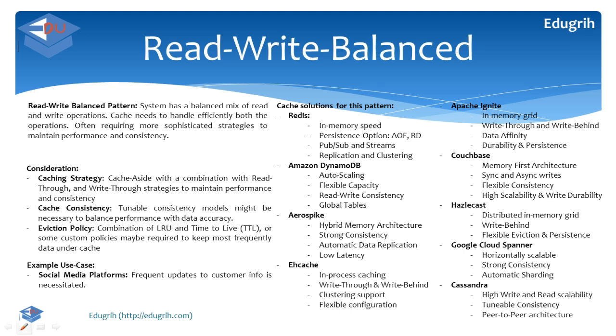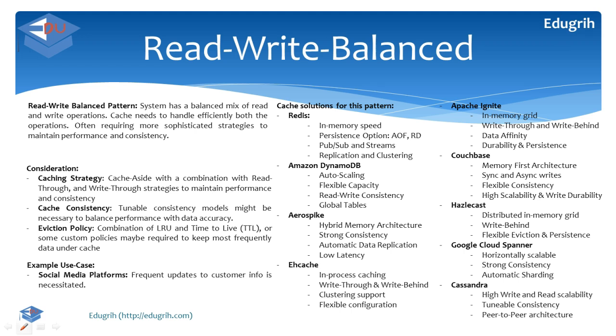Hazelcast, distributed in-memory grid, write behind support, flexible eviction and persistence policies. Google Cloud Spanner, horizontally scalable, strong consistency, automatic sharding. When we are talking about cloud native solutions, Spanner can be a good candidate when Google Cloud Platform is in the picture.